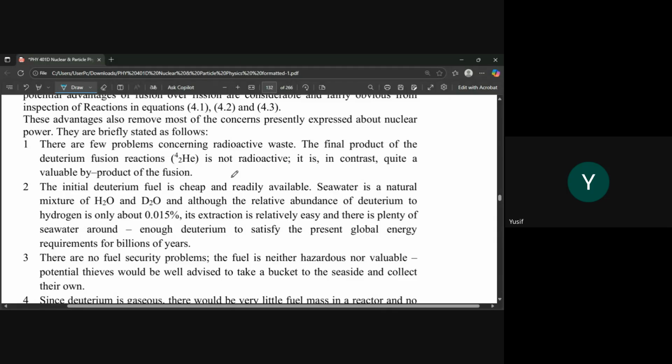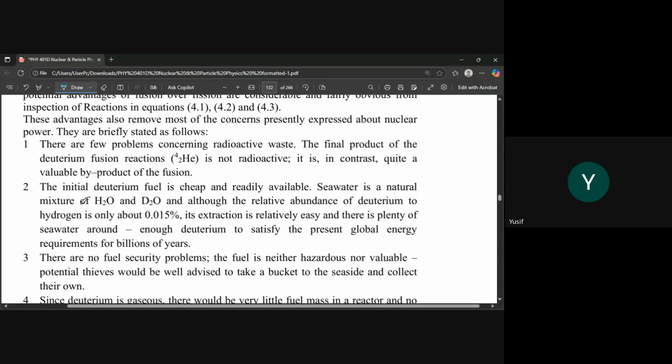So the product of nuclear fusion is a stable atom which is not radioactive. So that's point 1. And point 2, the initial deuterium fuel is cheap and readily available.